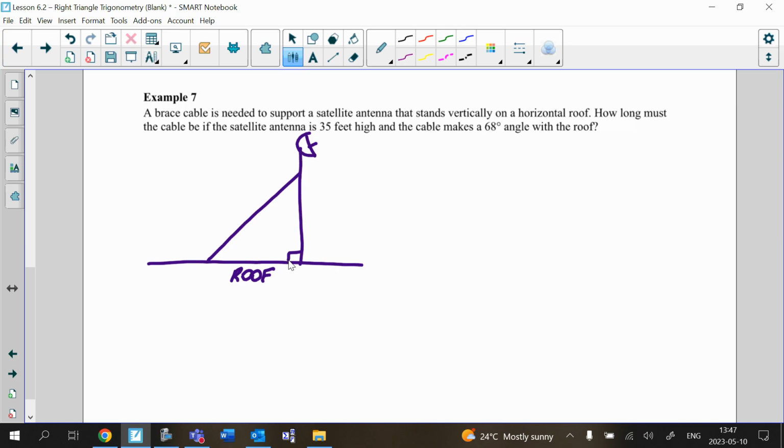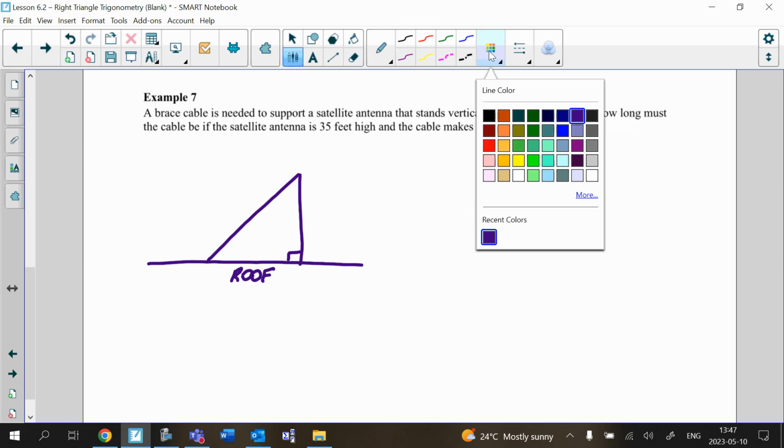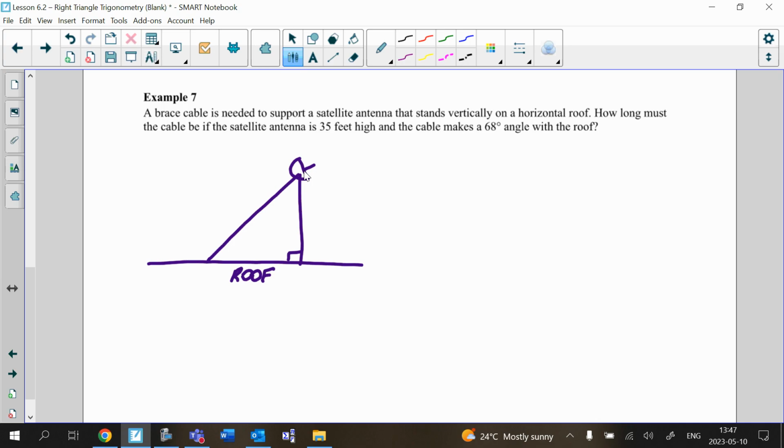Oh, I see. Okay, so I didn't draw this quite correctly. It should go like this. Because a lot of times the brace cable doesn't go right to the top. It'll go part way up.